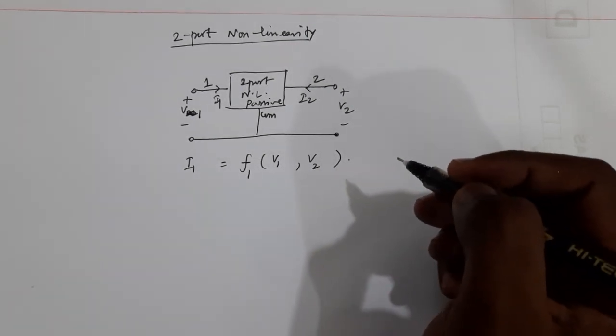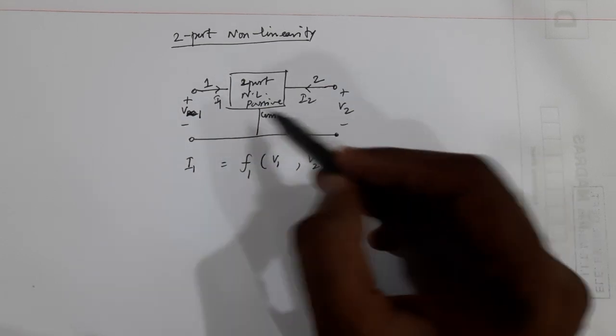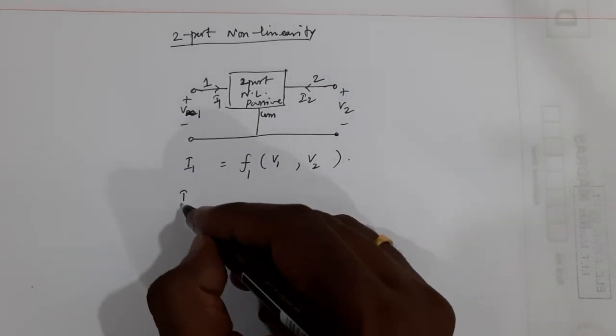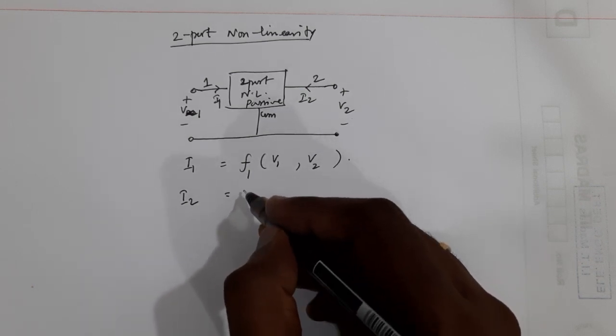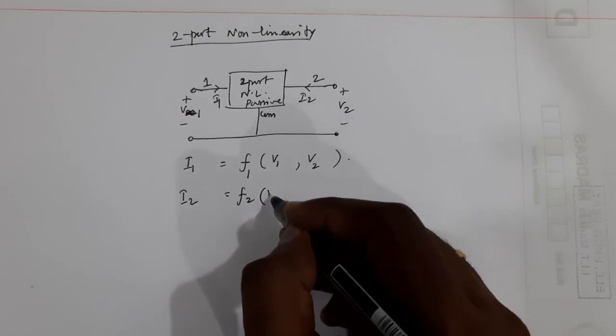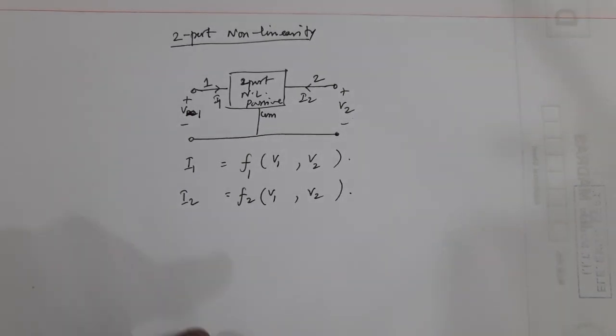Because this I1 will be a function of v1 and v2, and it could be some nonlinear function, and similarly I2 can also be another nonlinear function f2 of the same v1 comma v2. Okay, this much we can define, because this is nonlinear.